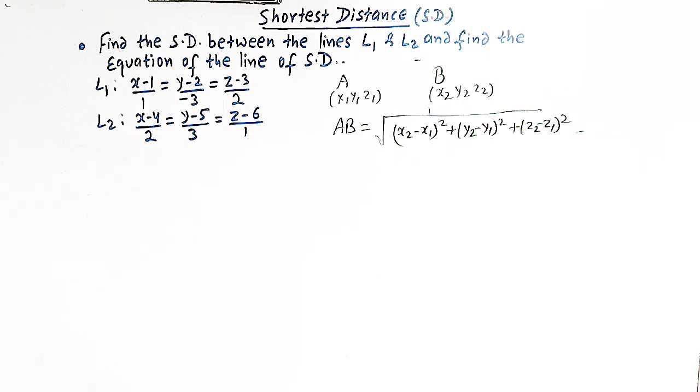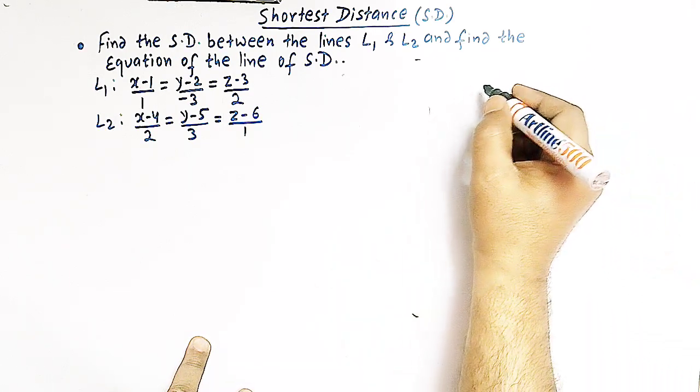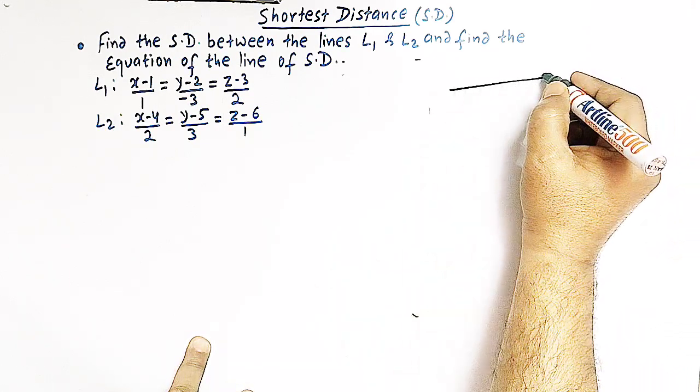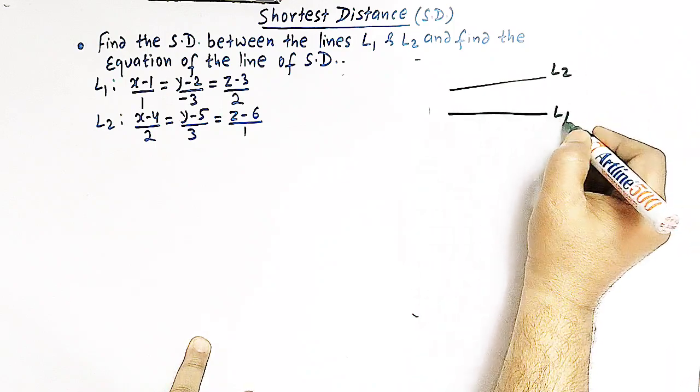According to the definition of non-coplanar lines, two lines are said to be non-coplanar if they lie on different planes, right? Suppose we have the line L2, and here we have the line L1.